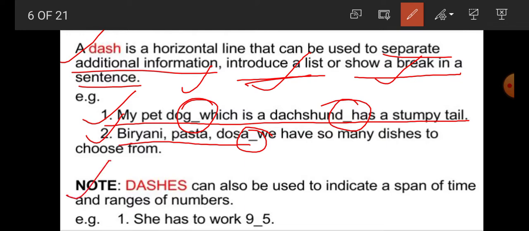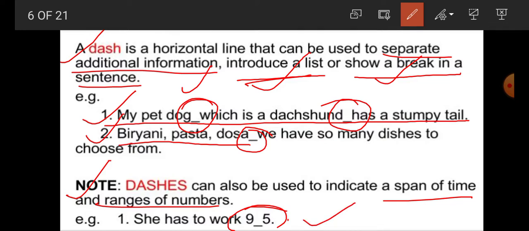Now the next thing, students, a dash can also be used to indicate a span of time and a range of numbers. For example, she has to work 9 to 5. So for 9 to 5, what can we use? 9-5.